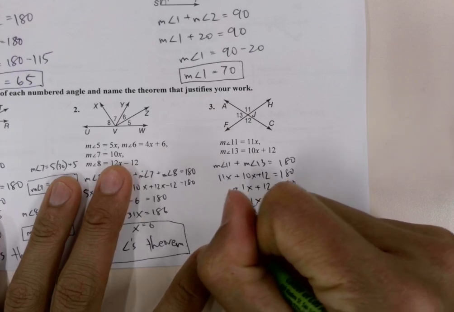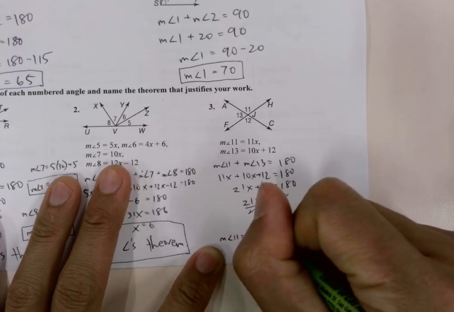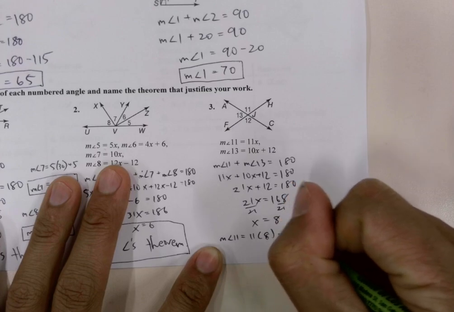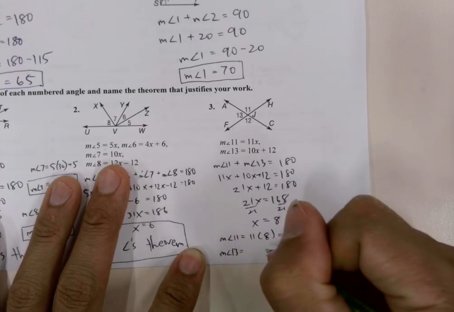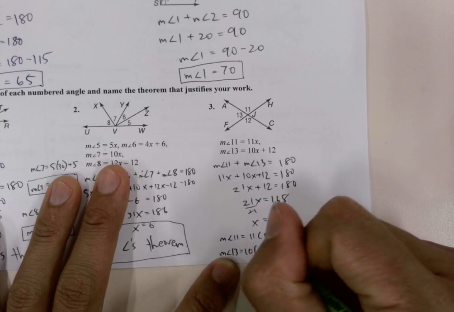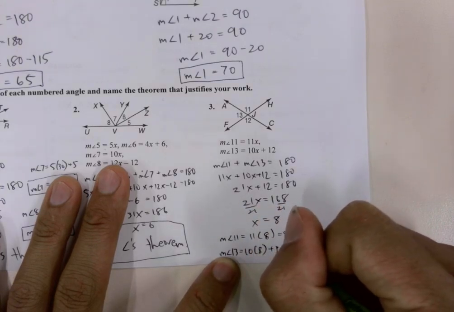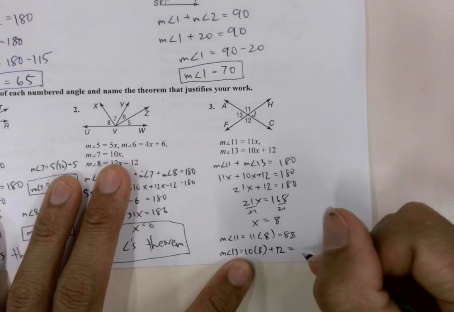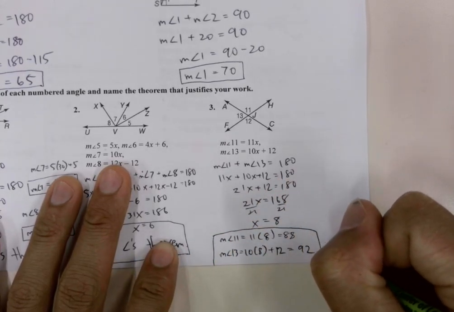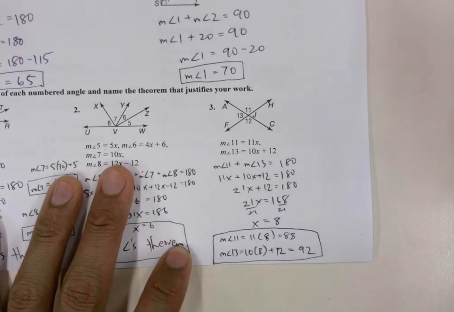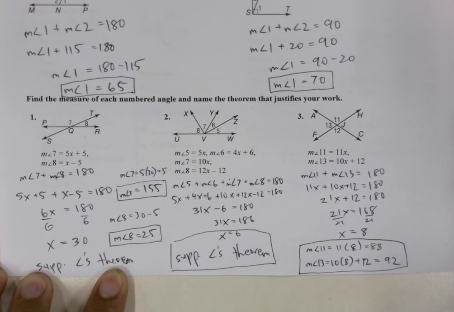So measure angle 11 is equal to 11 times 8, which is equal to 88. And then the measure of angle 13 is equal to 10 times 8 plus 12. So that's equal to 80, 92. Right? So those are those exercises there.